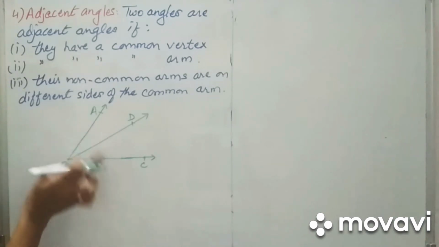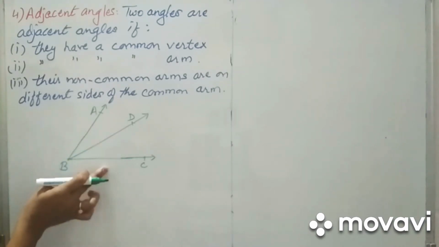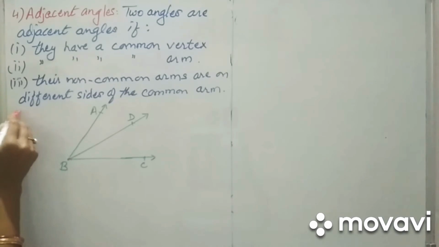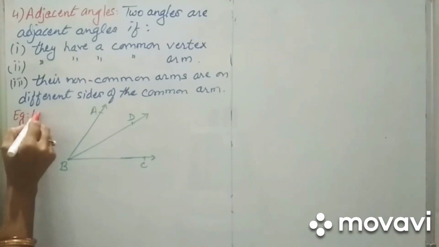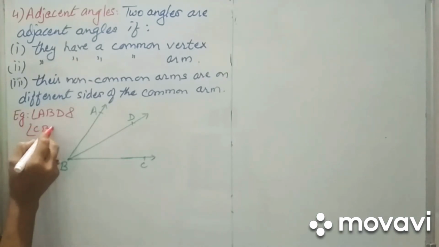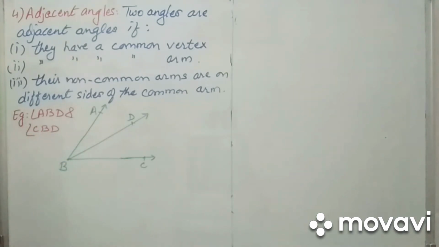So on either side of the common arm, the other two arms are lying. I think you quite understood what exactly adjacent angles are. From this example, angle ABD and angle CBD are a pair of adjacent angles.